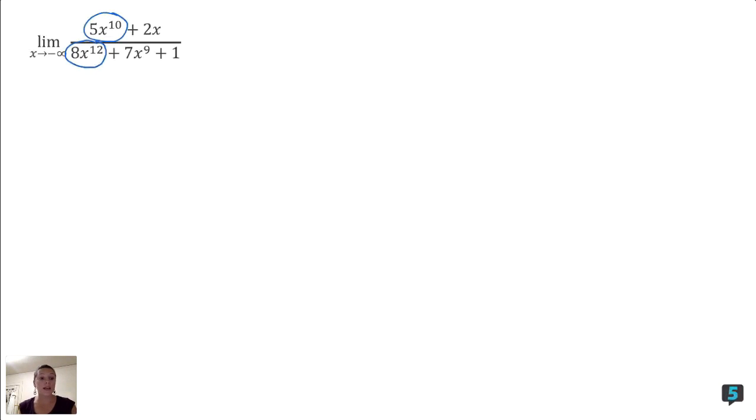And again, I'm picking those terms in my numerator and my denominator because they grow the fastest, okay? Those are the 150 billion Jeff Bezos compared to my measly little dollar. So let's write an equivalent expression at this point. We have the limit as x approaches negative infinity of 5x to the 10th over 8x to the 12th.